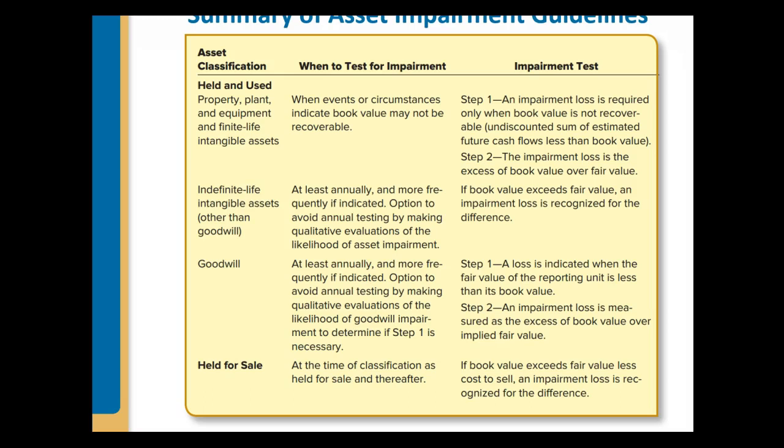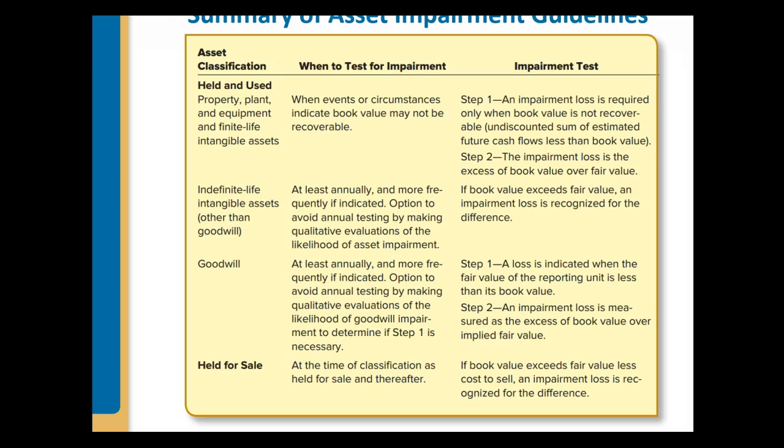Now, those intangibles with an indefinite life apart from goodwill should be tested annually or, if needed, more frequently. And if book value exceeds fair value, an impairment loss is recognized for the difference. Now, this is only for indefinite intangibles.